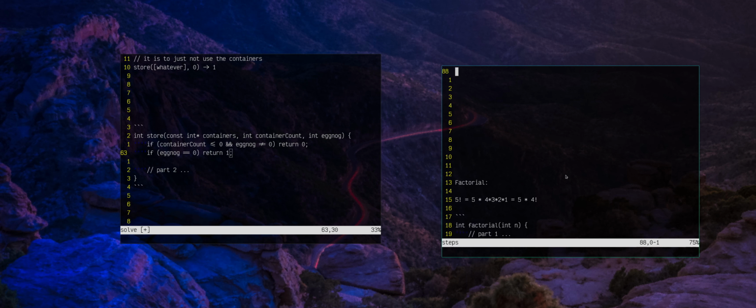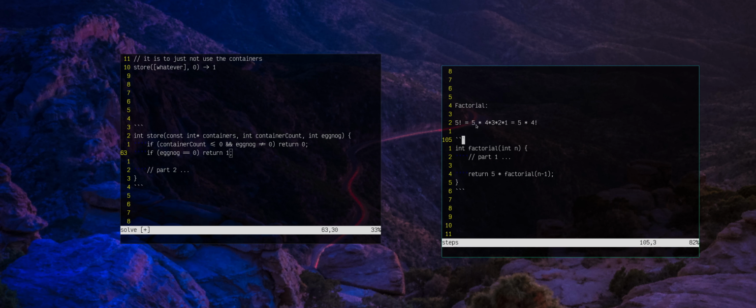So with the factorial example, if we have 5 factorial, we can get closer to answering that question by asking, what is 4 factorial?